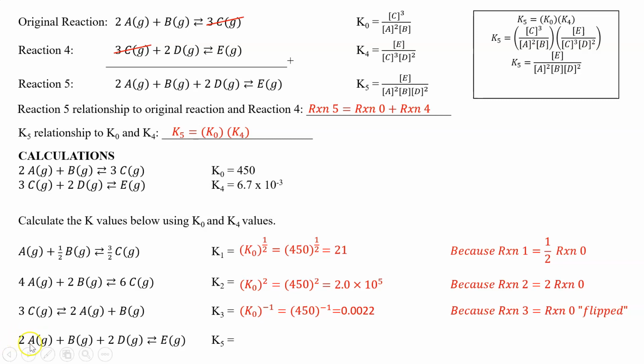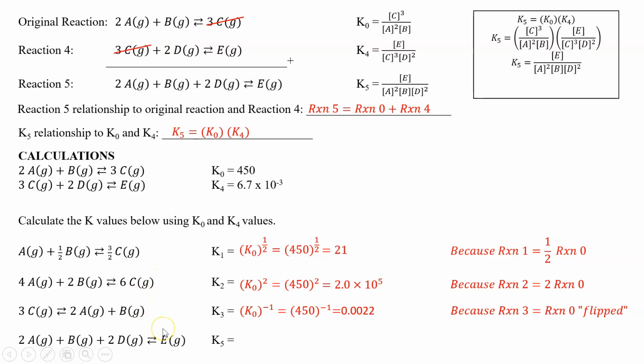Now we have 2A plus B plus 2D yields E. That's reaction 5 from above. It's this reaction right here, which was the first reaction plus reaction 4.